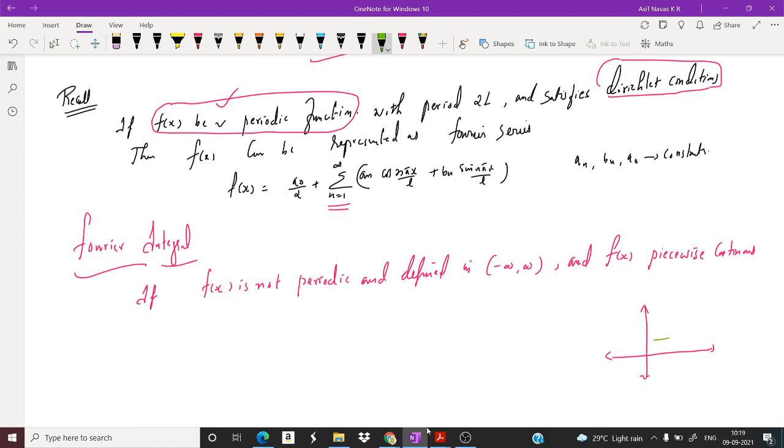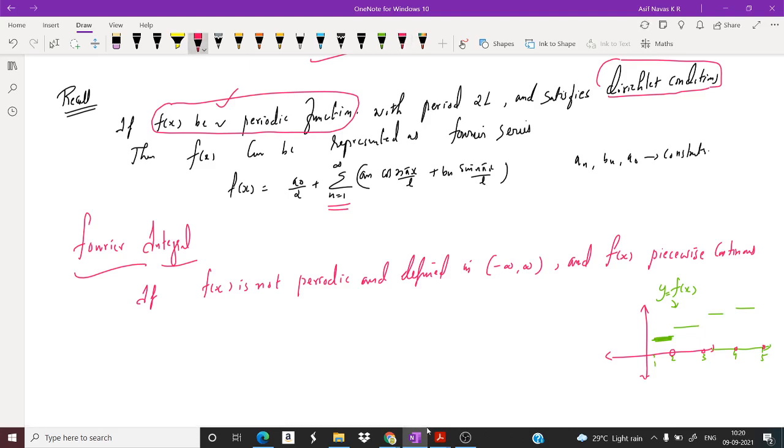Suppose f of x is of this form, 1, 2, 3, 4, 5. So f of x is this function. Then this is piecewise continuous because it is continuous and has only a finite number of discontinuities. Such functions are called piecewise continuous functions.